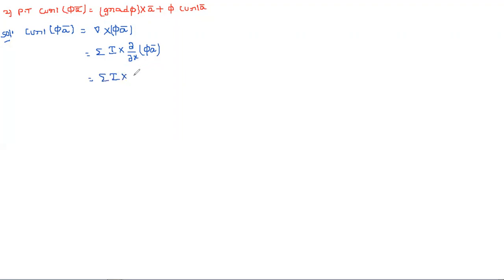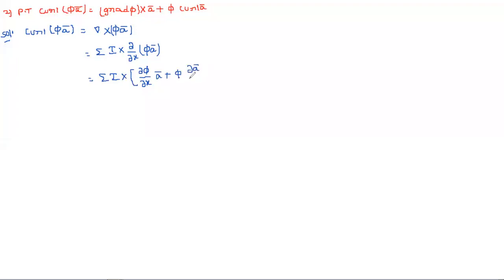So dou by dou x of phi a bar, we can simply apply the UV formula, which we discussed in the properties of derivatives at the start of the class: dou phi by dou x into a bar plus phi into dou a bar by dou x.